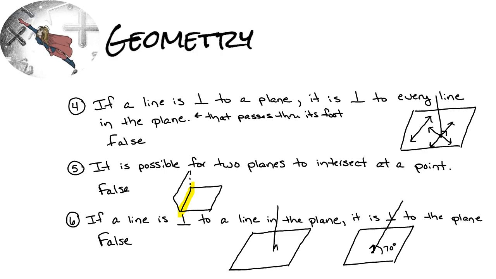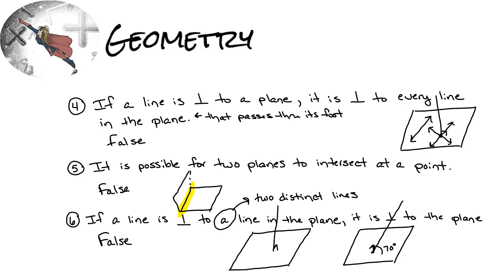There's actually a theorem that says, and I'll add the words that we would need, not just a line, but if it is perpendicular to two distinct lines in a plane, then it is perpendicular to the plane.